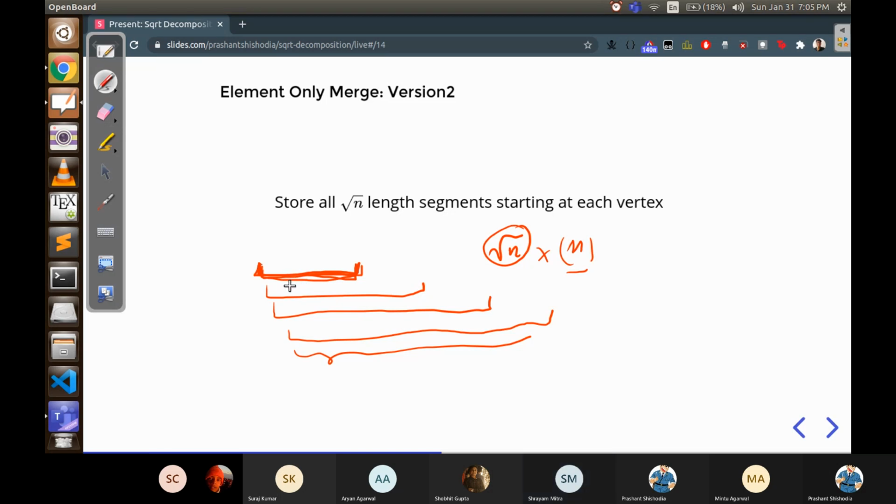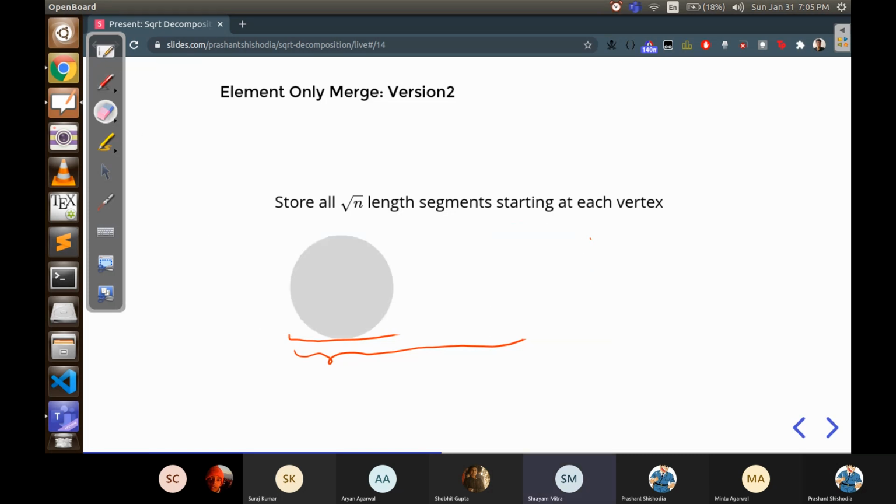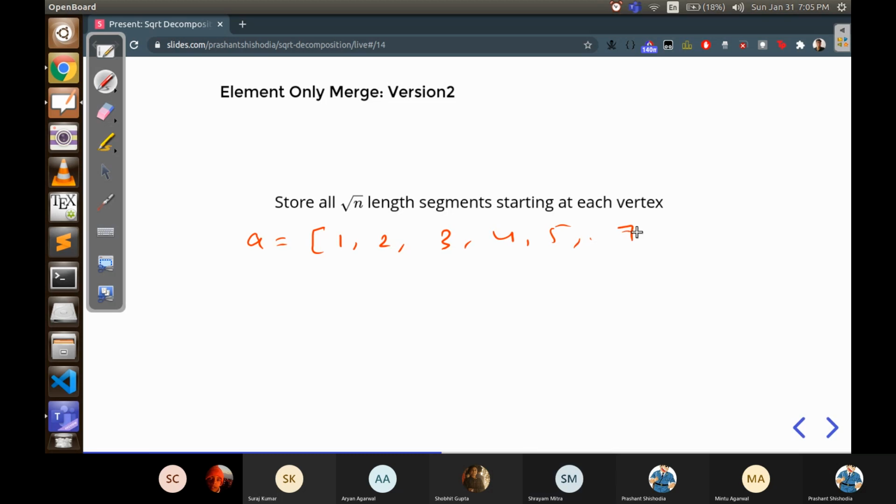I didn't really understand. Can you give me an example? Suppose there's an array 1, 2, 3, 4, 5, 6, 7, 8, and suppose the square root n is 2. So suppose I am computing for index 3. So I go 3 plus 2.